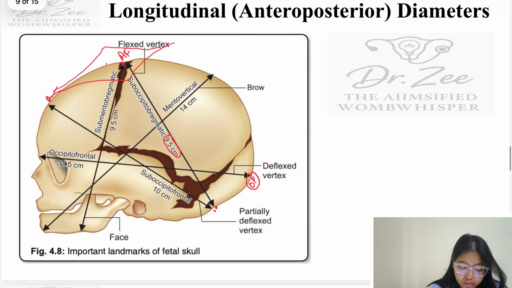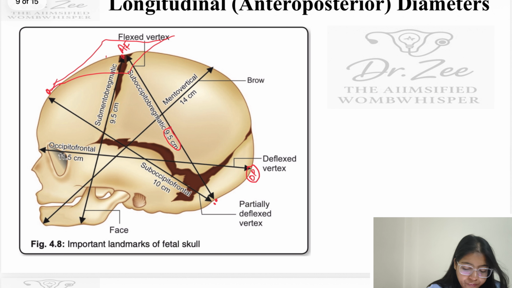Okay, so just appreciate in the diagram. I already told you about suboccipitobregmatic, submentobregmatic, and suboccipitofrontal.